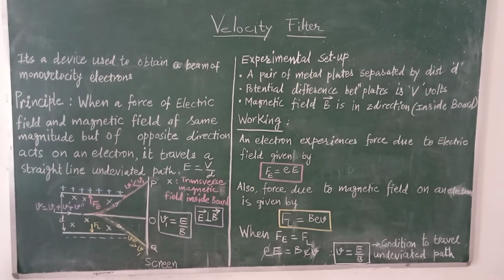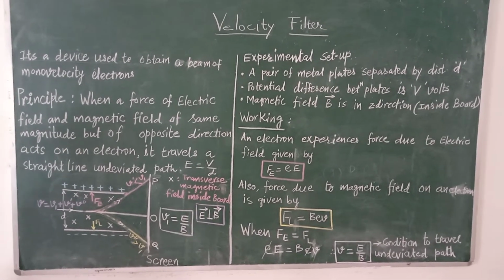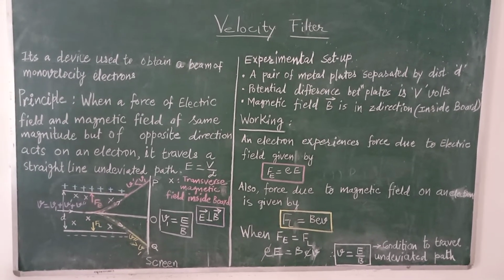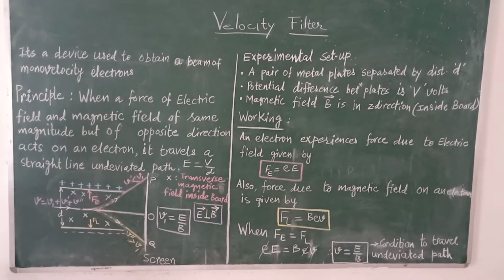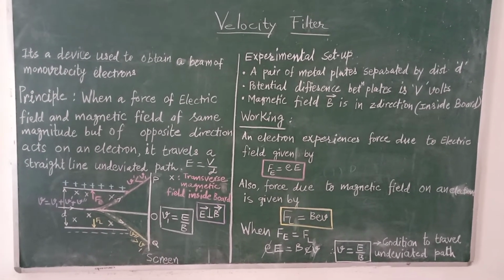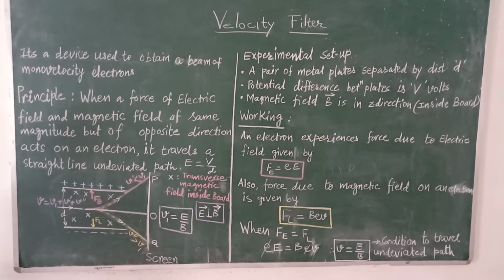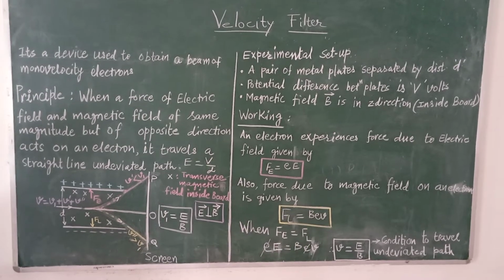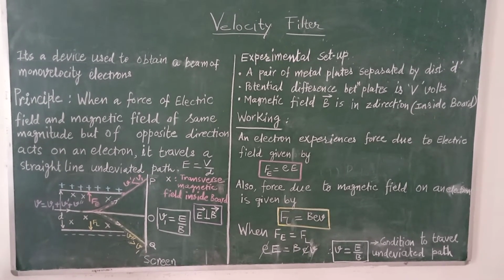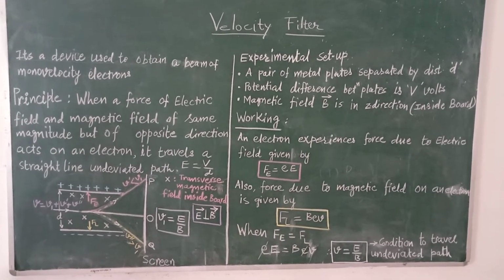When these two forces have the same magnitude but are oppositely directed, and the electron passes through such a region, neither force acts on it, and therefore the electron will behave as if no force is acting on it and can travel an undeviated path.